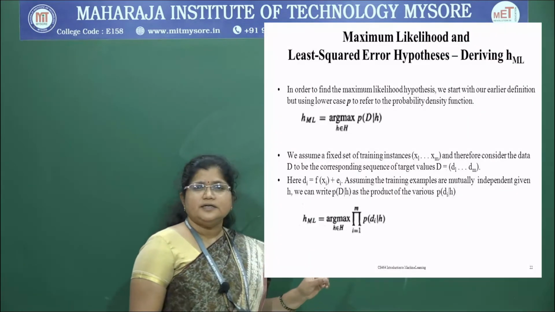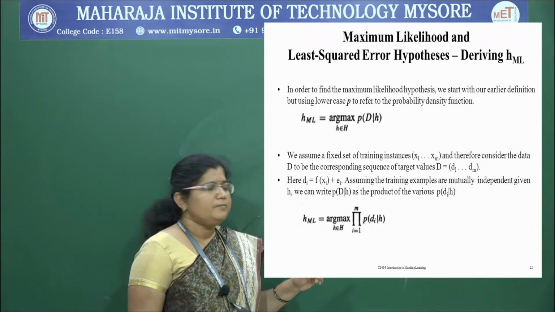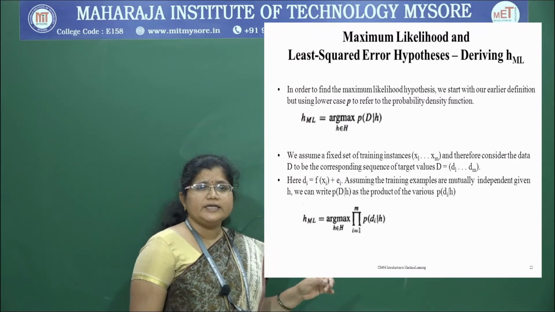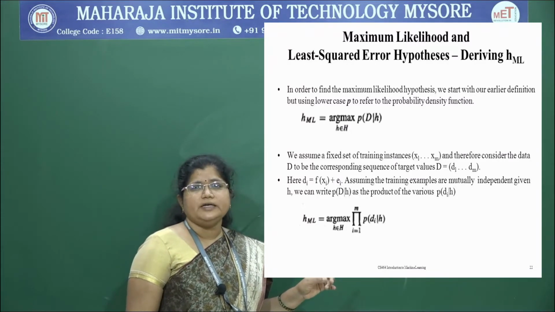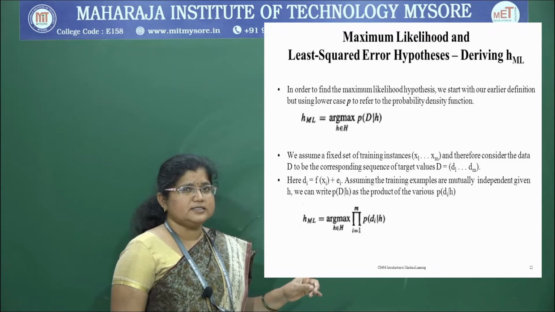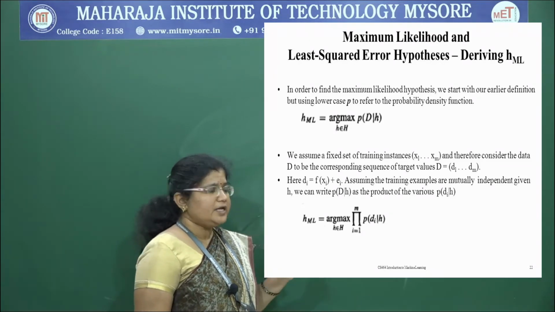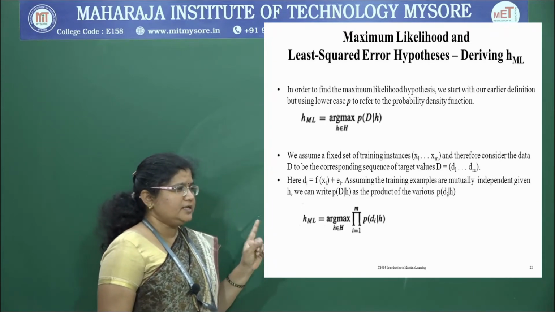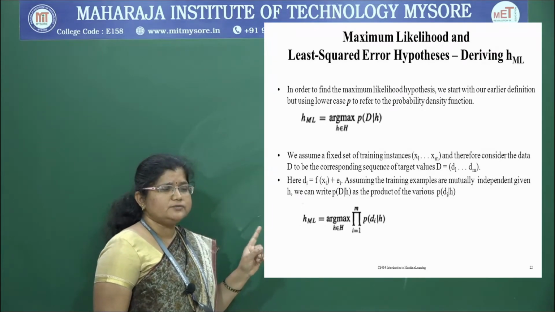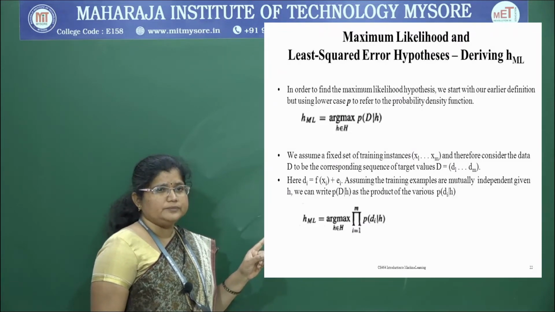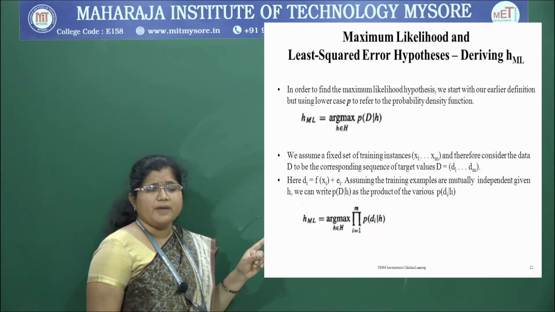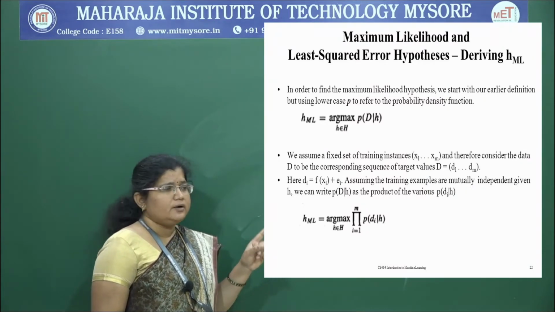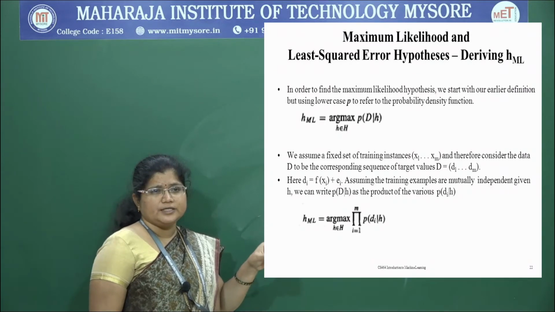Consider the earlier definition of the maximum likelihood hypothesis, using a lowercase p for the probability density. Let us consider this equation: h ML, the maximum likelihood hypothesis, is equal to argmax over h belonging to H of P of D given h.